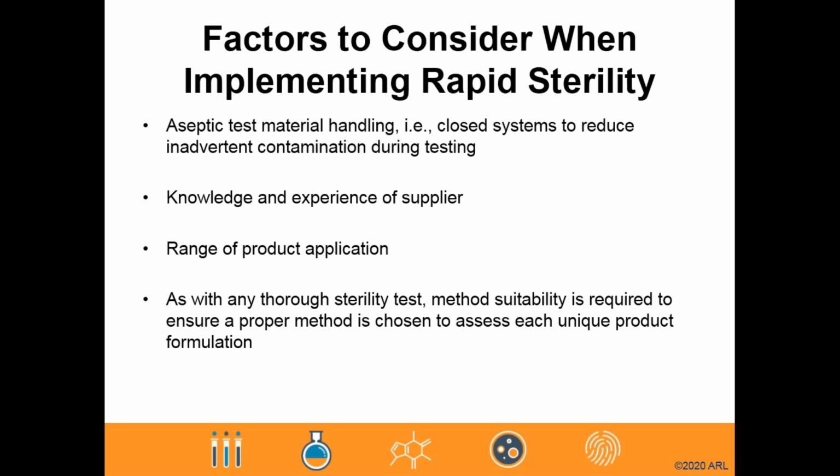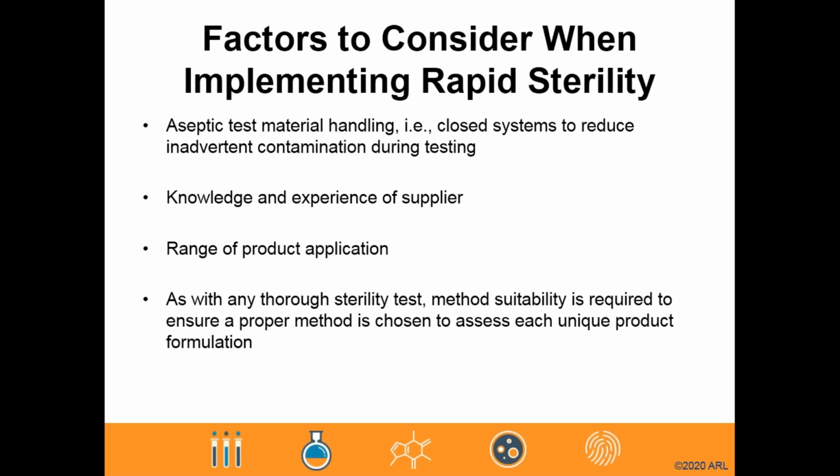Other factors to consider when deciding which rapid sterility test is right for you is the ability of the system to support aseptic material handling, meaning, is the system closed? Does it inherently reduce contamination based on its design? Or does it perhaps do the exact opposite, where increased false positive results may be seen?